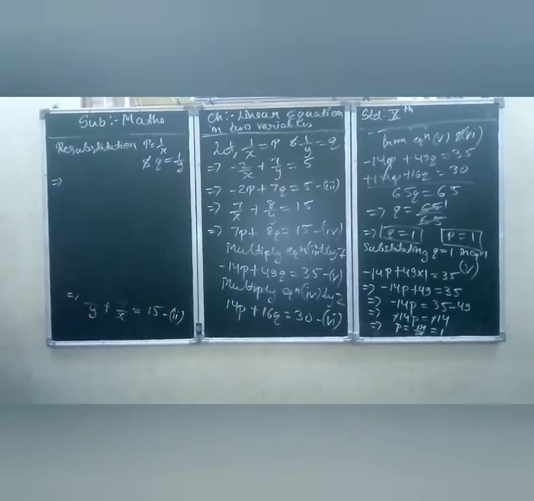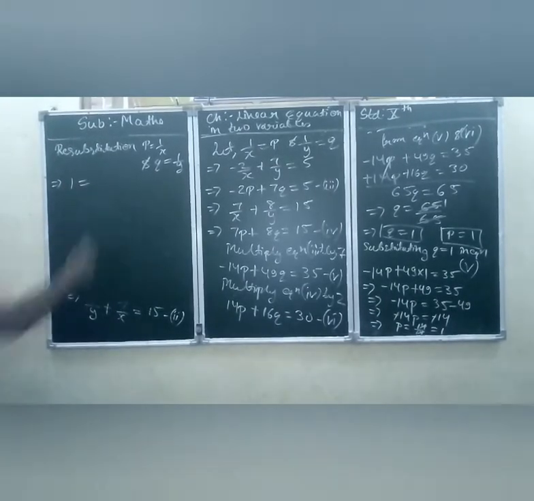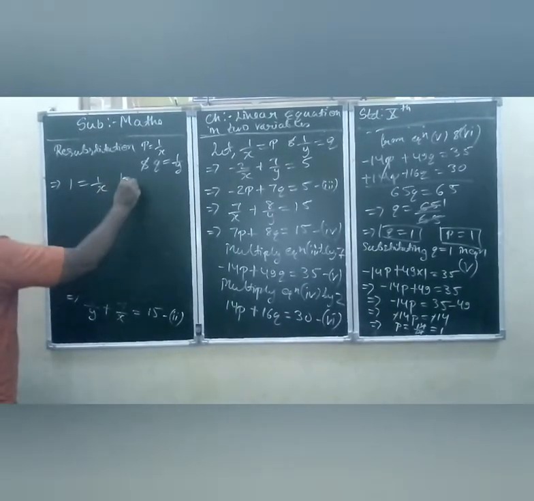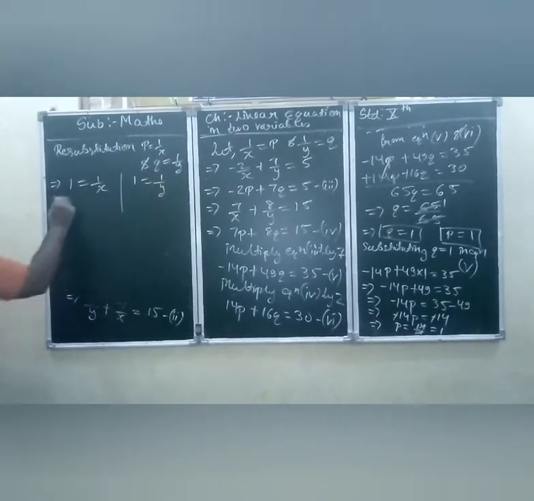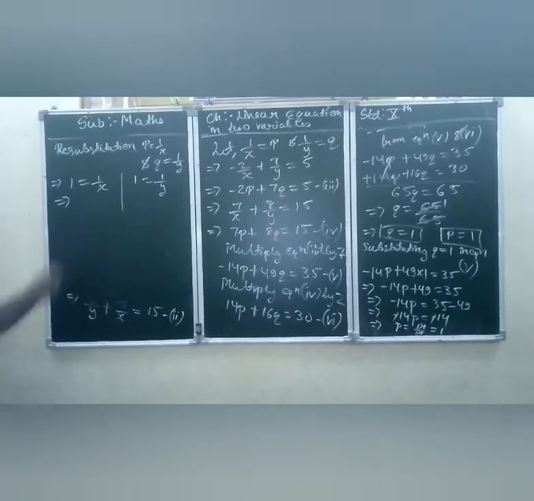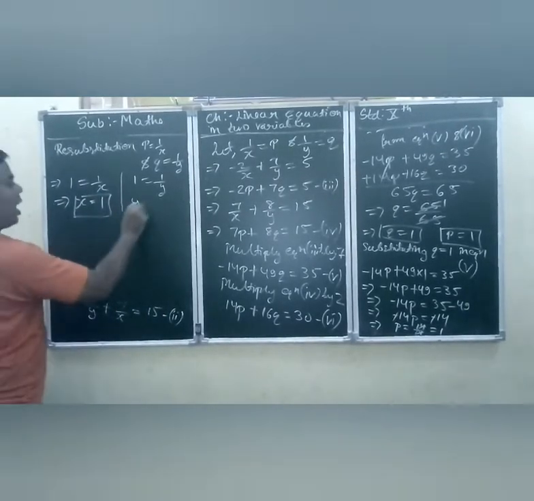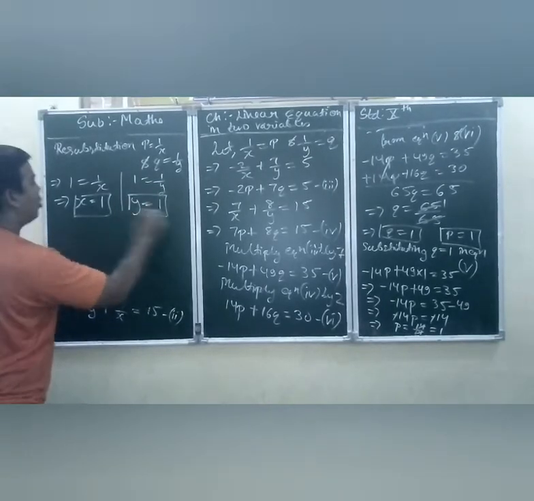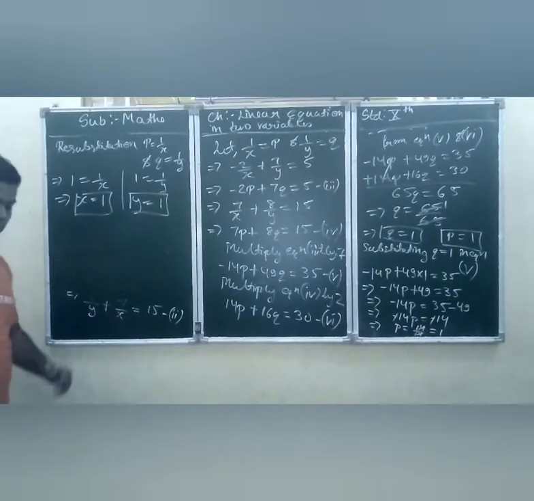So the p value is 1, equal to 1 by x, and the q value is 1, equal to 1 by y. So by cross multiplication, x is equal to 1 and y is equal to 1. Let's copy this.